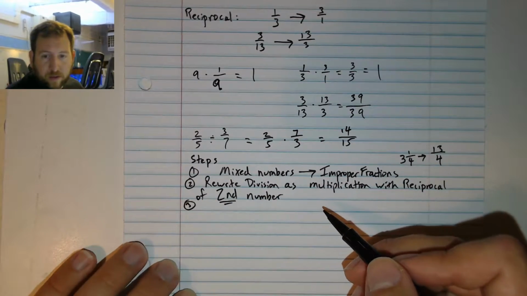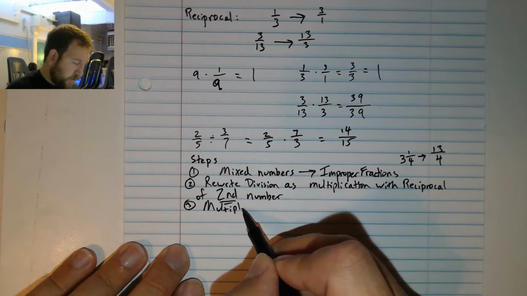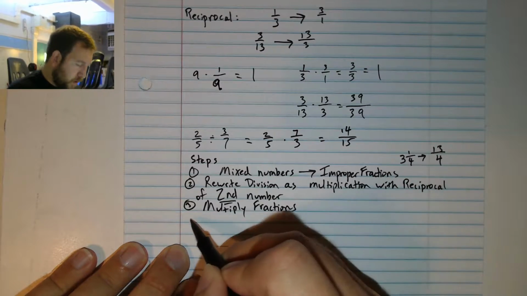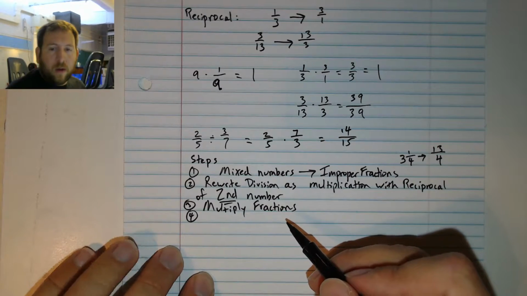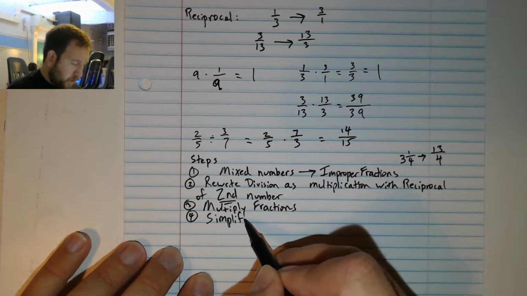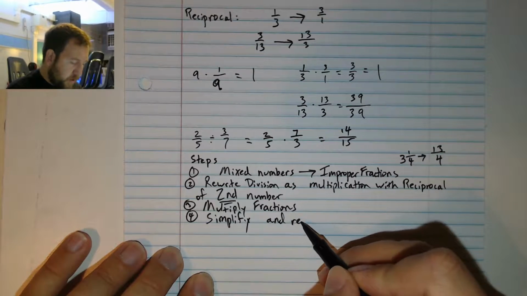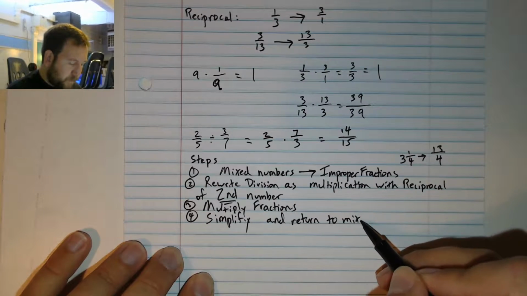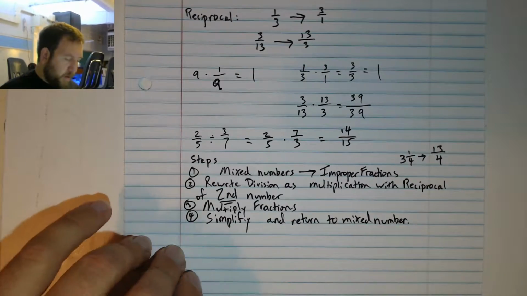Right? Number 3, multiply fractions. And number 4, simplify and return to mixed number. All right.